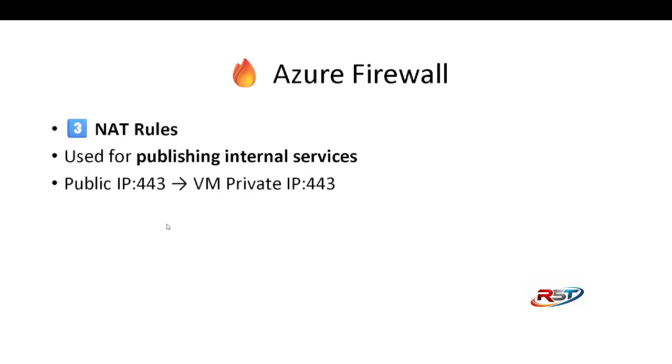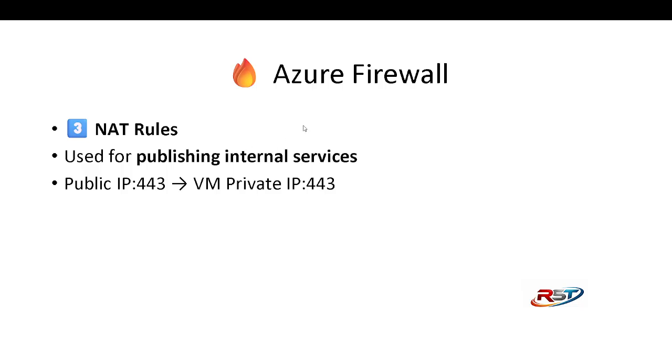NAT rules are used for publishing internal services. What NAT does is map a public IP to a private IP. Multiple private IPs can be there, and it will give a separate port number.